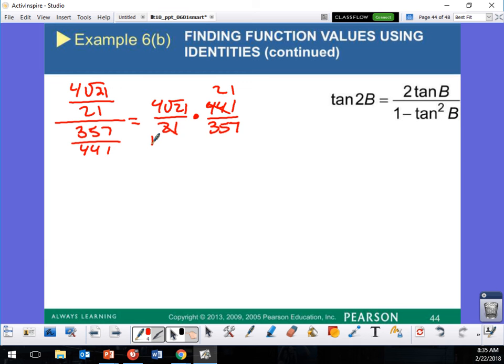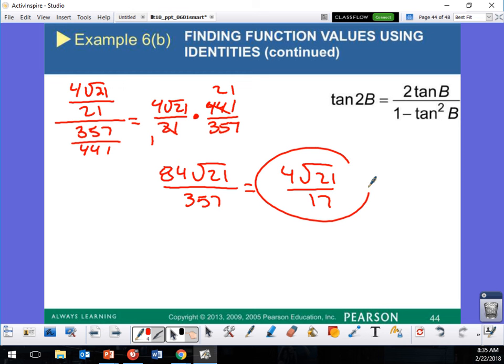So it's going to be 84 rad 21 over 357. 84 over 357 reduces to 4 over 17. Okay, very good. So it's going to be 4 rad 21 over 17. This is the part that you put in the calculator, the 84 over 357, to get that piece to reduce.